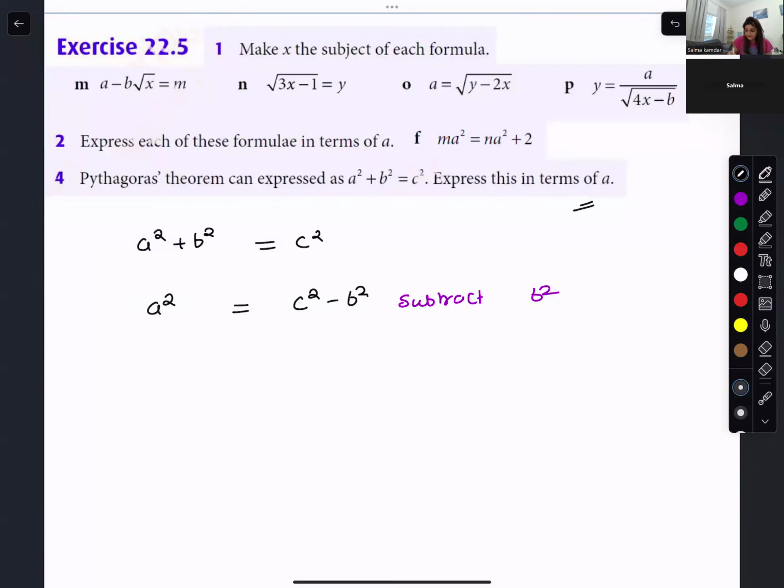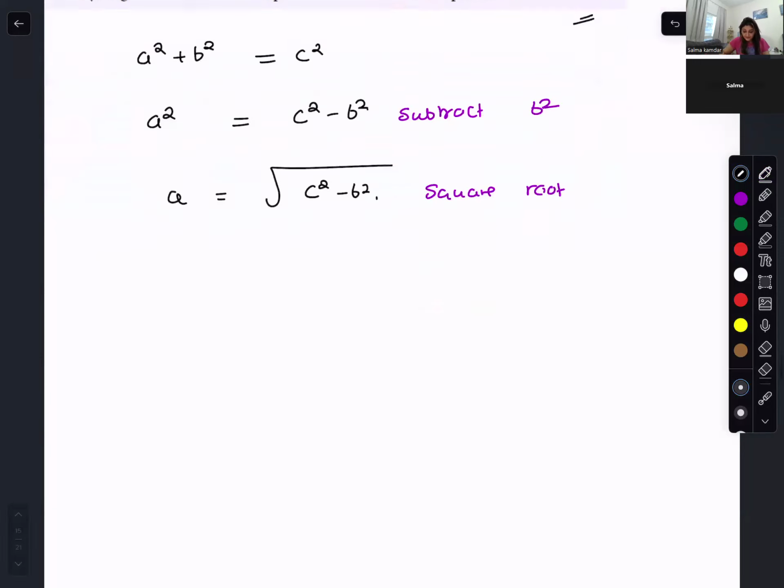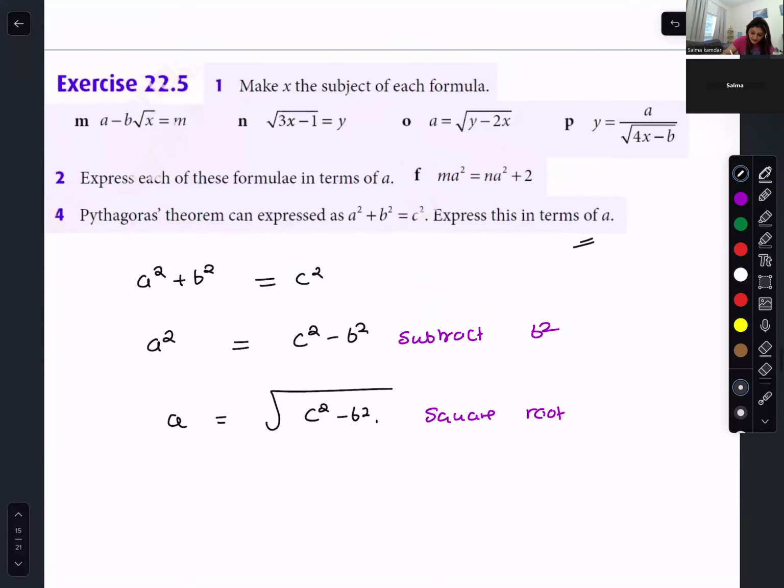Then I will take square root on both the sides. So this is going to be a is square root of c square minus b square. So this is done with exercise 22.5, question number 1, 2, and question number 4.